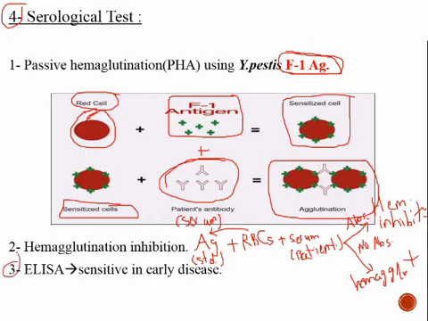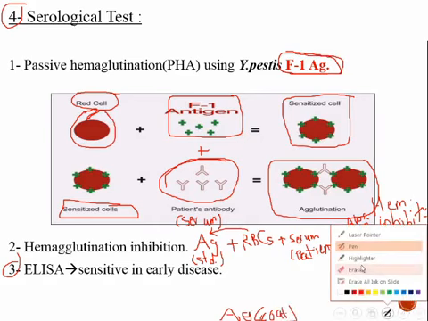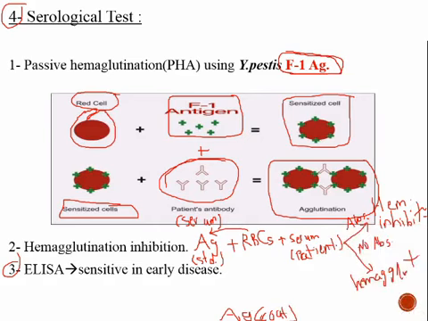The third test is ELISA. Actually, very straightforward. I have the standard antigen for Yersinia pestis. I will coat the ELISA plate with the antigen. Coating. And then I will add a serum sample of the patient.